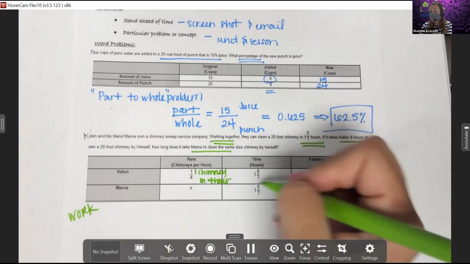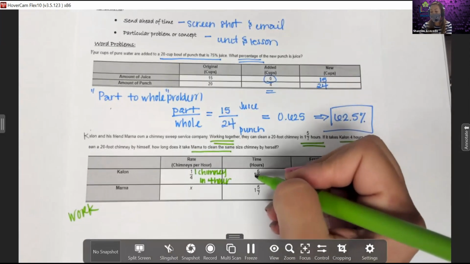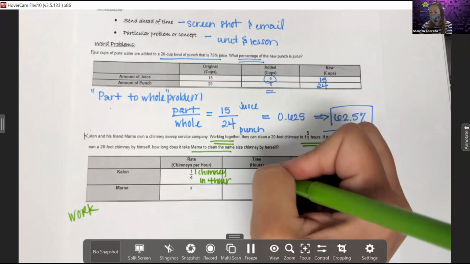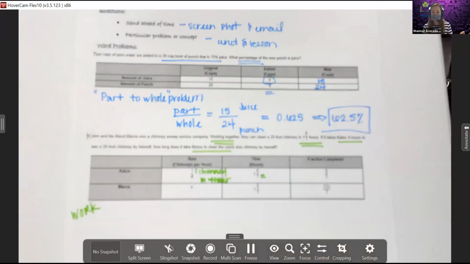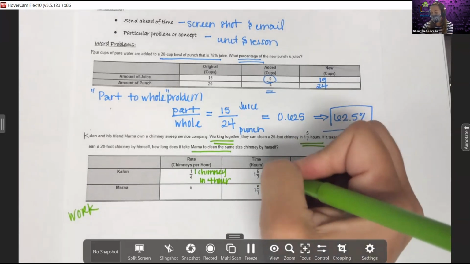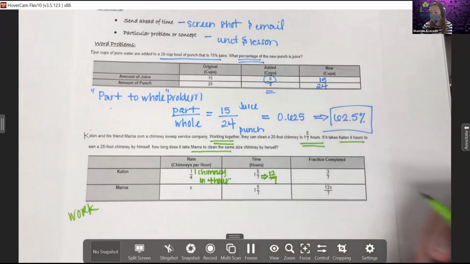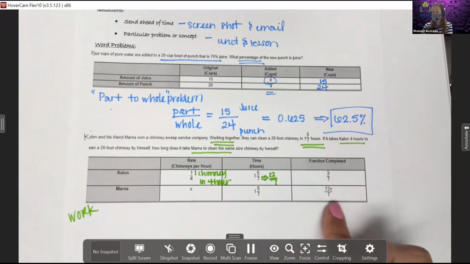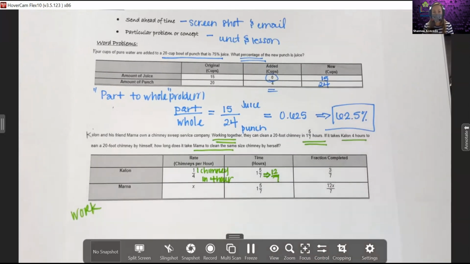And together, it takes them 1 and 5/7 of an hour. I don't like to look at it like that. Once you get to upper division math, we never look at these mixed numbers. We always use the improper fraction. So this is the same thing as saying 12/7. And the fraction completed, here's what they gave us. Well, where did they come up with this value here?